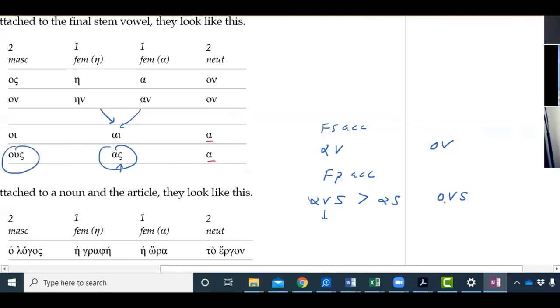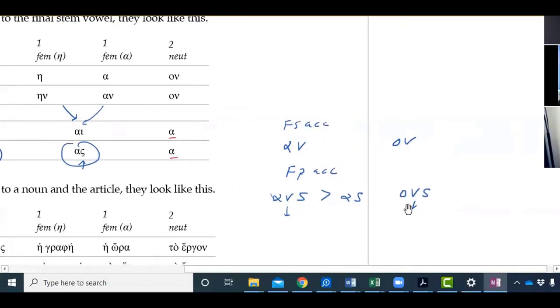What's happened? The nu has dropped out, and the omicron, is that long or short? Short. An omicron is short, right? Oh, I see. So when the nu is lost, the omicron is also going to compensatorily lengthen its vowel. But what it's going to do here, and we're going to see this happen a lot in Greek, is instead of lengthening the omicron to an omega, the omicron will lengthen to a diphthong.